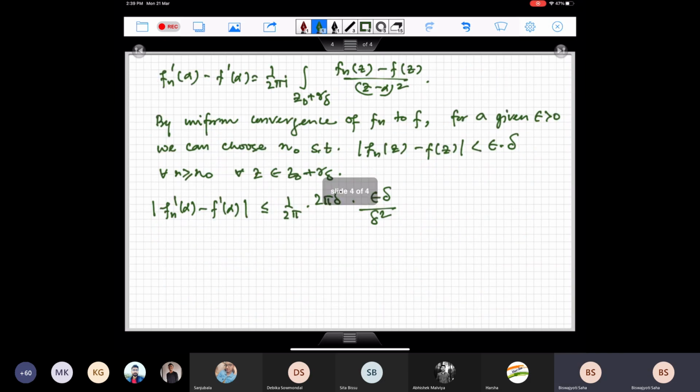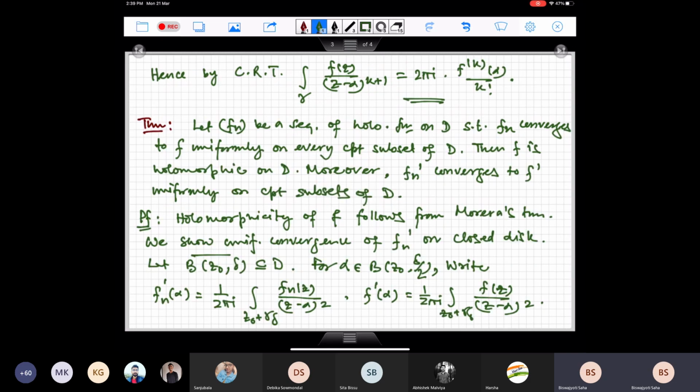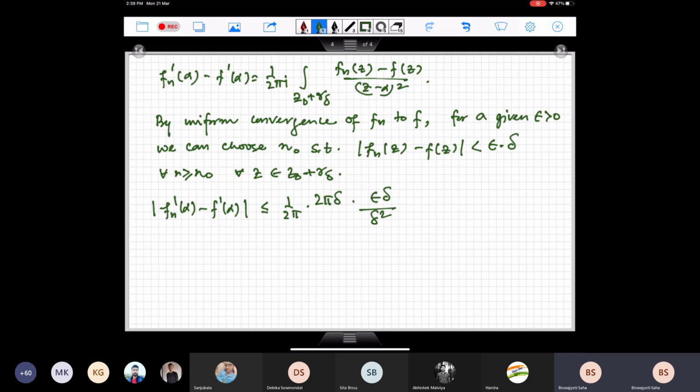So here I therefore have this distance. Alpha is inside the ball of delta by 2, and my points are on the circle of radius delta. So mod of z minus alpha is bigger than or equal to delta by 2, and therefore when I take the reciprocal, I get 4 times this.